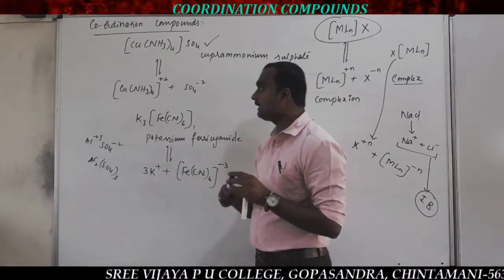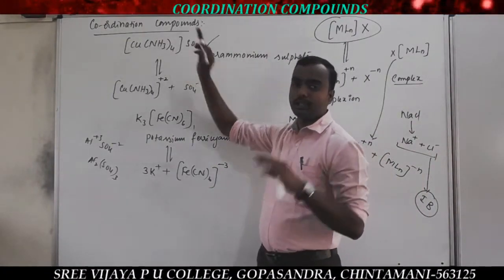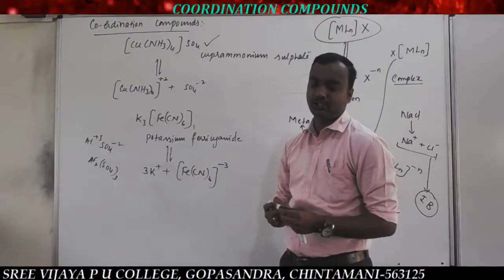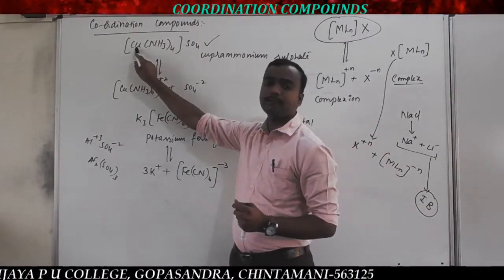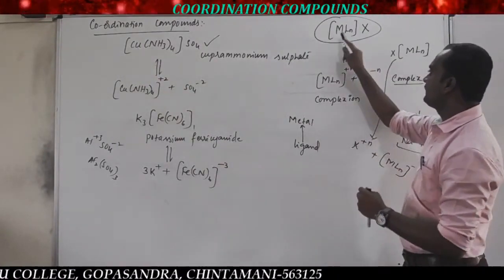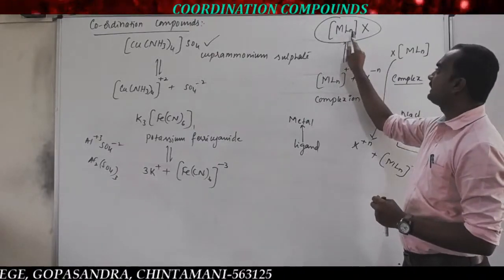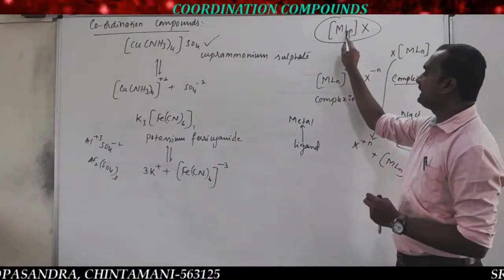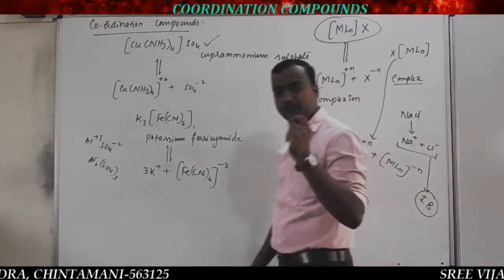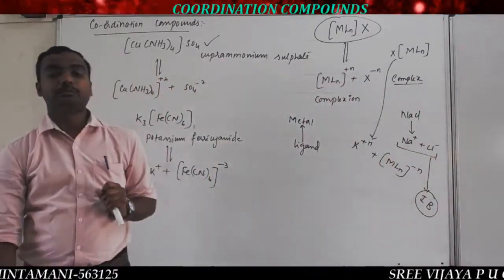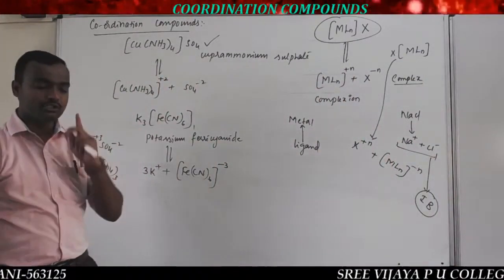I will repeat once again. A coordination compound is a compound or a type of inorganic salt in which the central metal atom is attached to the required or suitable number of ligands through coordination bond. That type of compounds are called coordination compounds.